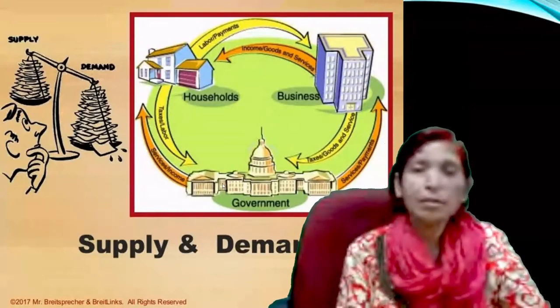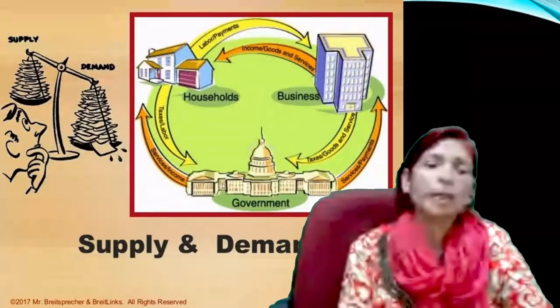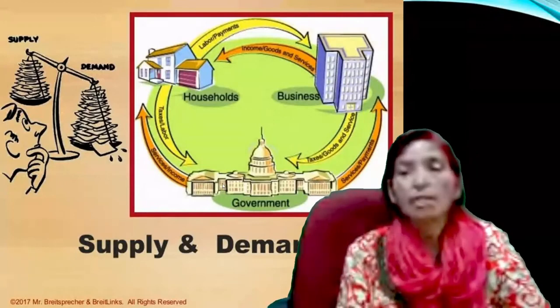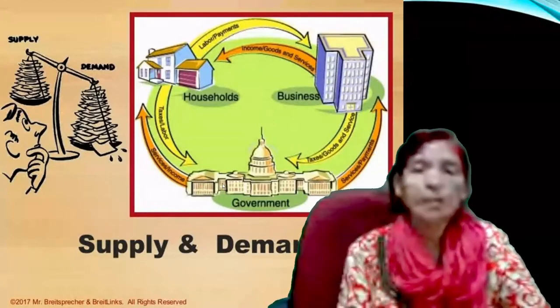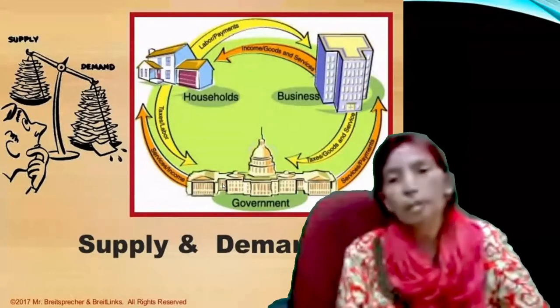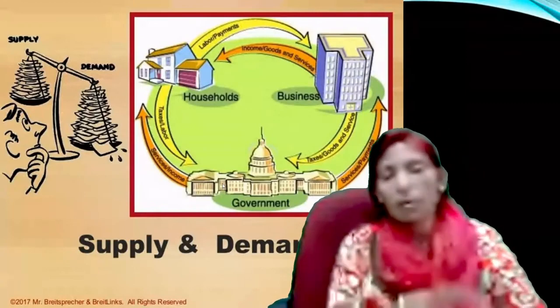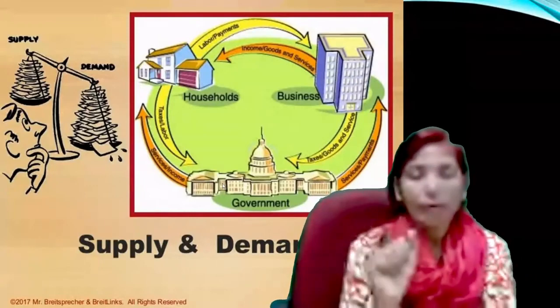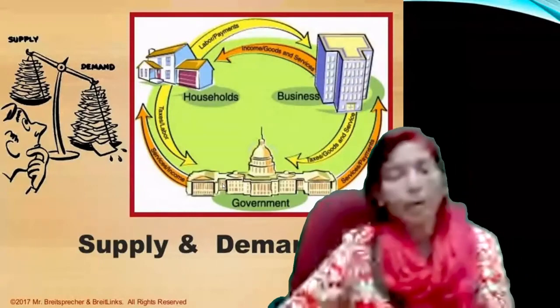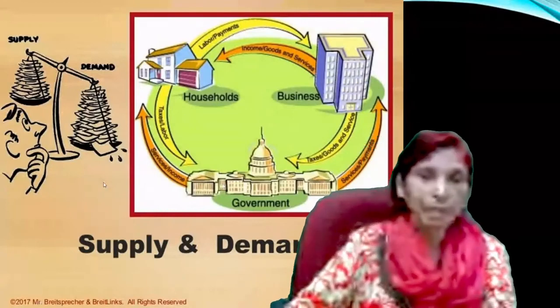Government collects taxes from the household sector and the business sector, and gives subsidies or transfer payments, or one-sided payments, to the household sector, and gives subsidies to the firm sector. So this is a flow through which the whole of economic activities run smoothly. And supply and demand is a very important concept to understand managerial economics.